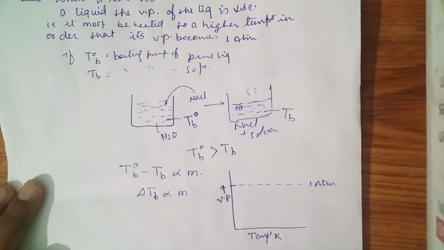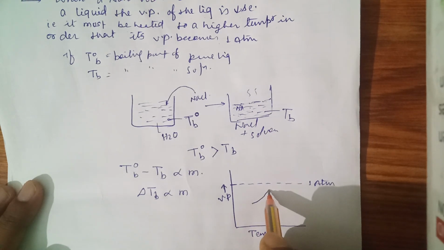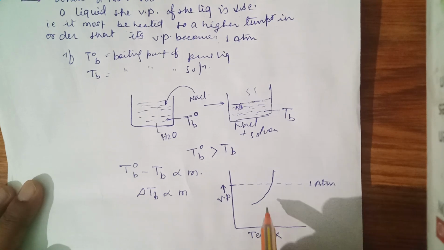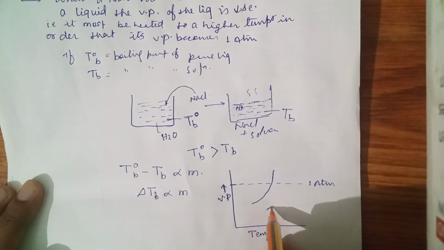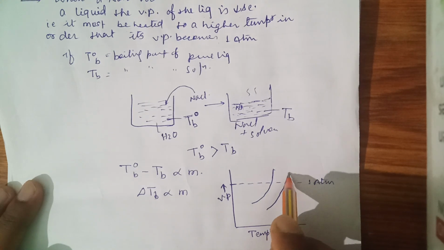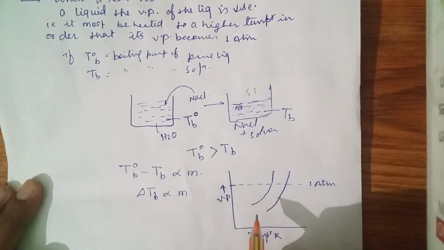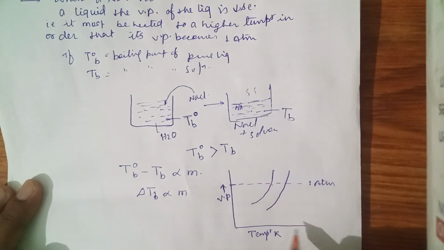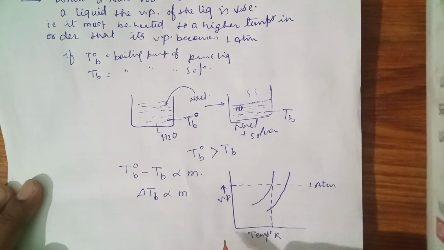Then for the solvent, suppose this is the curve for the solvent. The solvent will acquire 1 atm pressure at the lower temperature, and when we take some solution of this solvent, it is observed that the vapor pressure of 1 atm is achieved by the solution at a higher temperature. So by taking this axis onto this axis, we can say this is the boiling point of the pure solvent.